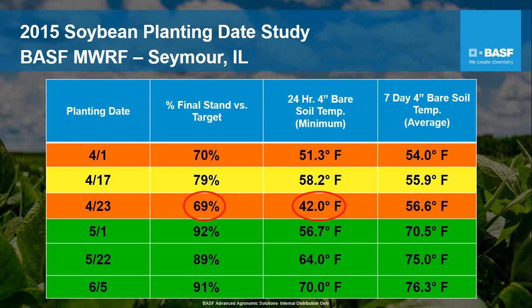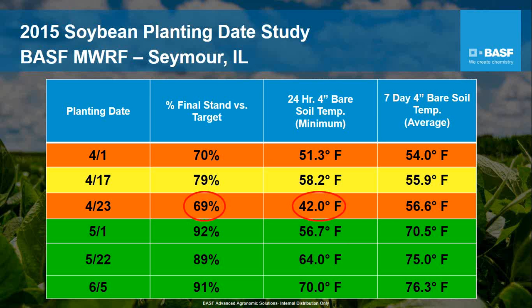However, we of course have the opportunity to do a research plot. We put that in. Indeed, we did see 42-degree soil temperatures in the first 24 hours, well below 50, and yet we still saw about a 70% final stand versus target. One of the things I would also stress is that there were clear varietal differences. There were varieties, or varietal lots, that tended to handle the colder conditions better than others.